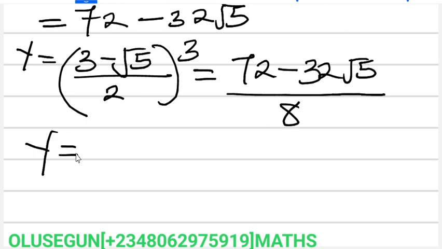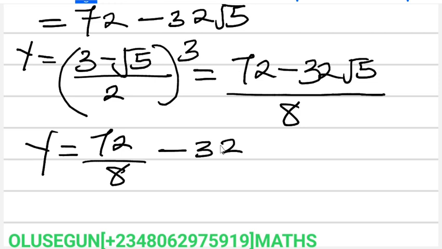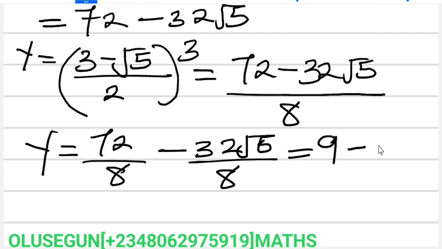So the value of y will now be 72 divided by 8 minus 32 root 5 divided by 8. So the value of y now is 9 minus 4 root 5.